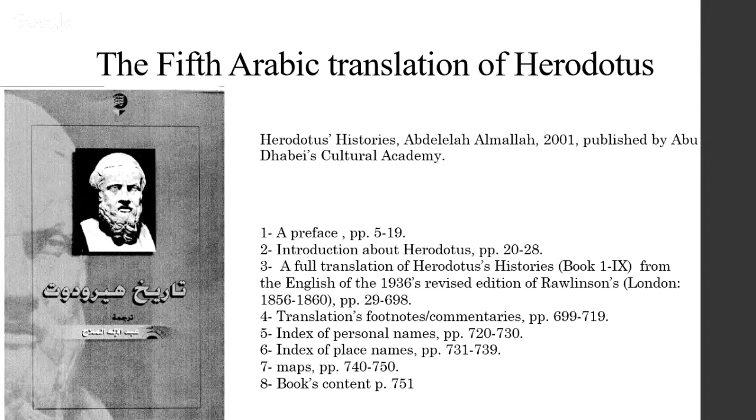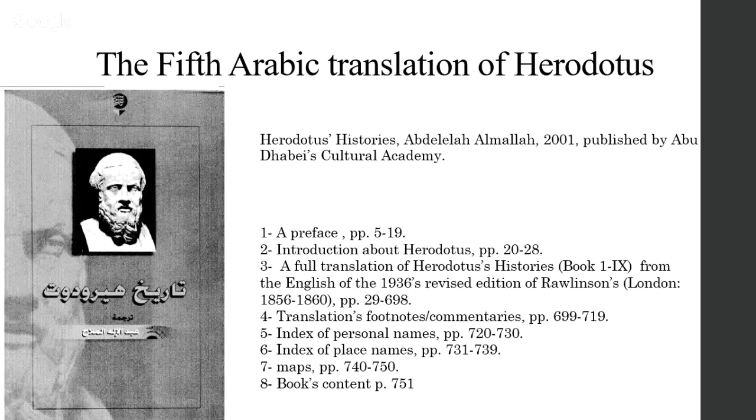It is a translation from the English, not from the Greek, from Rawlinson's revised edition, 1936. So we could trace the transmission of this text through Greek and English and then to Arabic. And now we could visualize all these stages, Greek into English and English into Arabic, and understand this translation in its context.